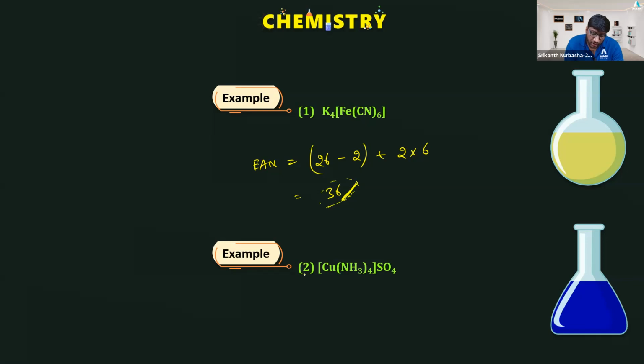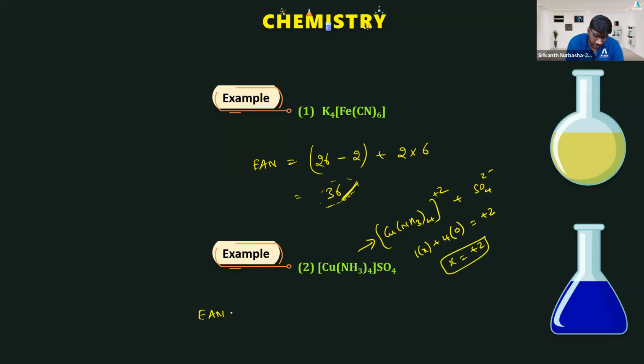Similarly, find out the effective atomic number in this particular complex, [Cu(NH3)4]SO4. Write down the dissociation: [Cu(NH3)4] 2+ plus SO4 2-. Copper is in the oxidation state of X, let us say. So 1 into X, plus 4 ammonia, so 4 into 0, should be equal to plus 2. So X should be equal to plus 2.